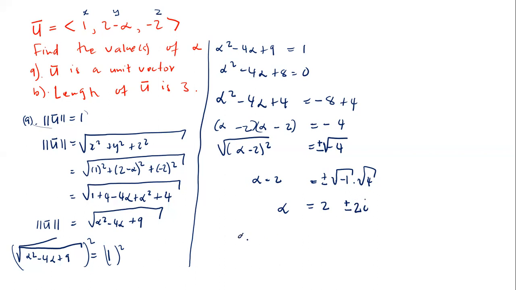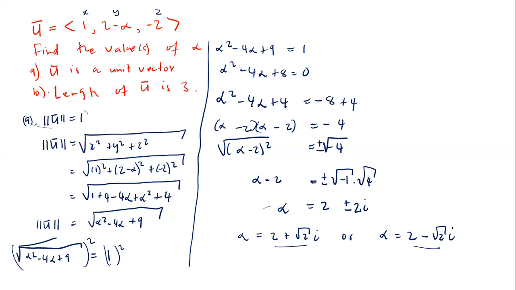Therefore, my value of alpha for question number A is going to be 2 plus root 2 i, or another solution, which is its conjugate, alpha is going to be 2 minus root 2 i. And therefore, this is how we determine our numerical values of alpha in complex form. So the value of alpha for question number A, this is the correct solution.